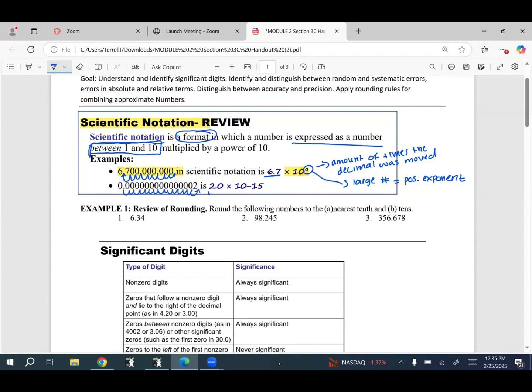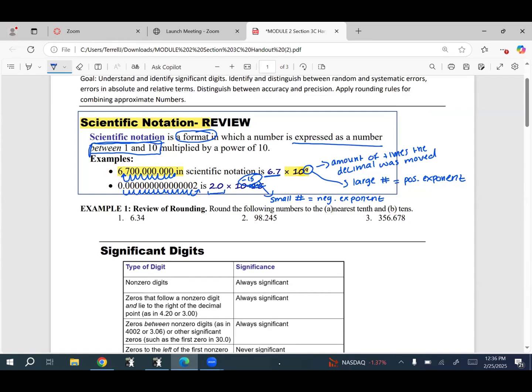That gives me 2.0 or 2. And then notice here, it should be 10 to the negative 15 as an exponent like that. The reason why it's negative is that this is a small number, and small number means negative exponent. That's how I remind myself if the exponent will be negative or positive.